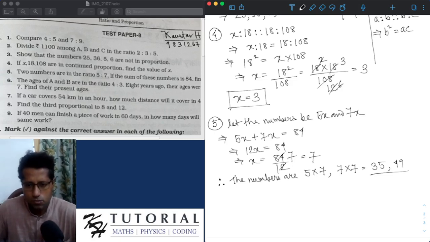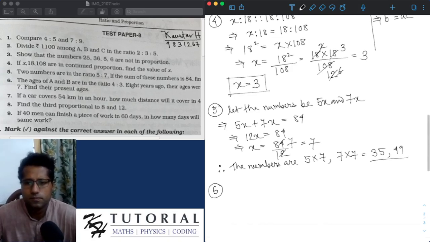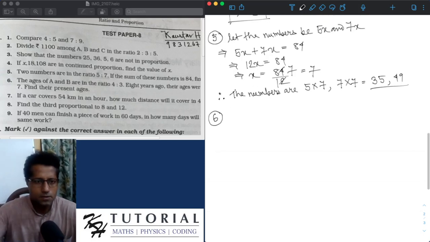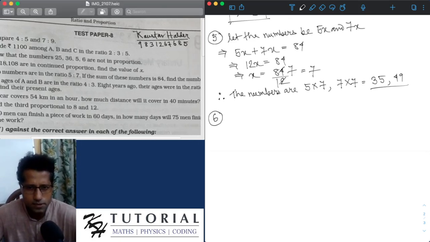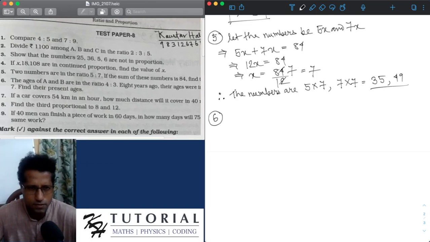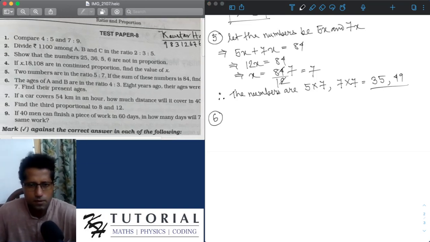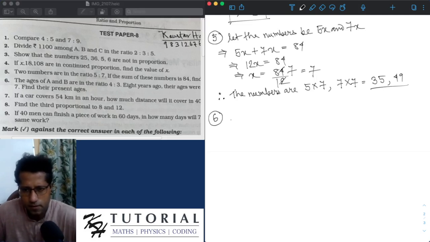Okay, so let's do question number 6. The ages of A and B are in the ratio 4:3. 8 years ago, their ages were in the ratio 10:7. Find their present ages. We apply the same concept as in problem number 5.